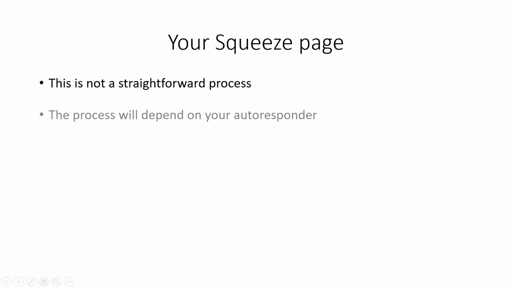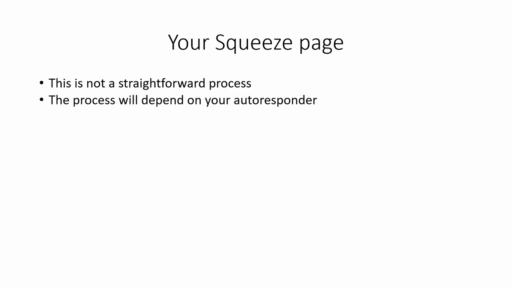Okay, so we're going to be working with your squeeze page tonight. And as I said, this is not a straightforward process. This isn't something that you're going to be able to carry line by line directly into another system. Some of this is going to be peculiar to whatever it is that you have.